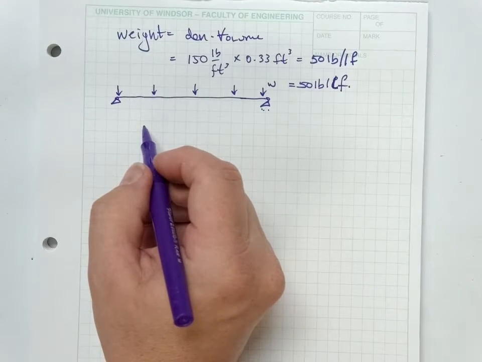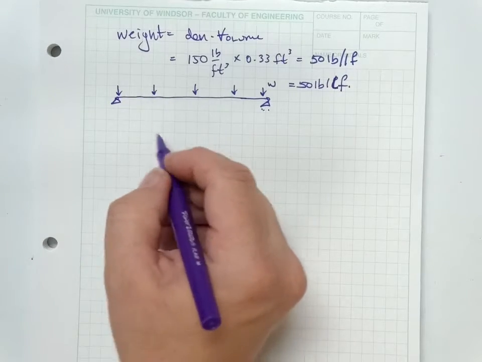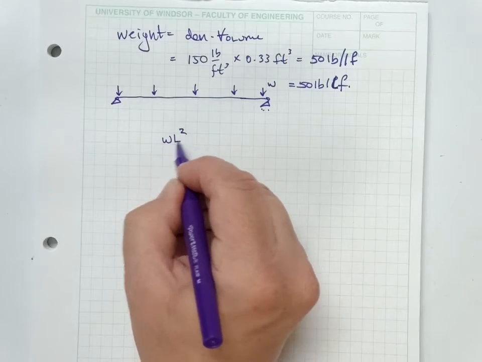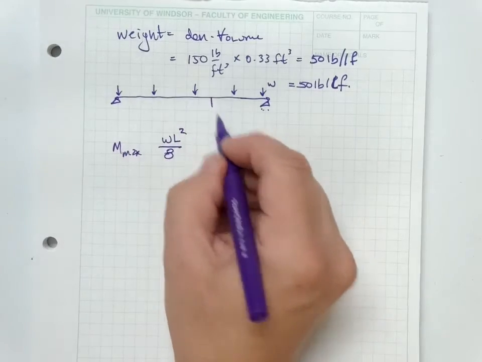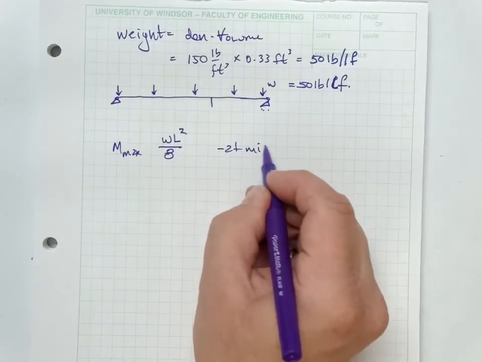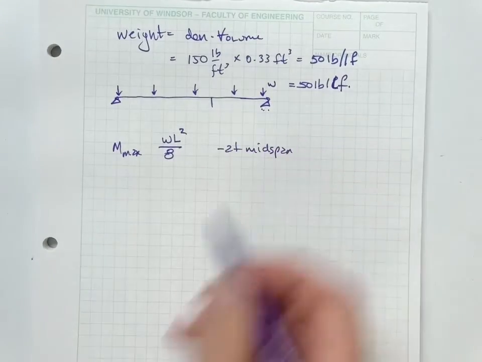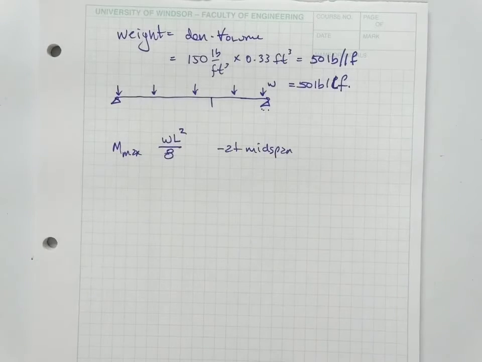And I could walk you through it. The maximum moment occurs at midspan, and it's equal to W L squared over 8.